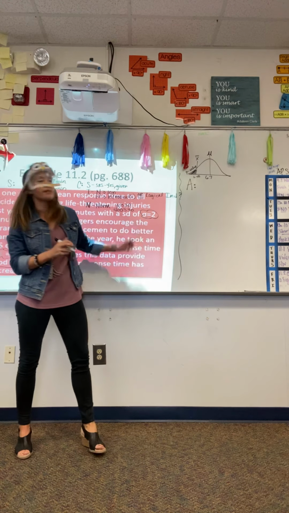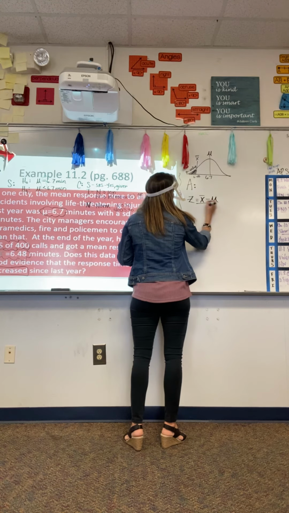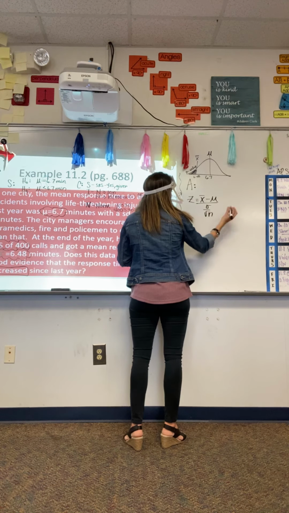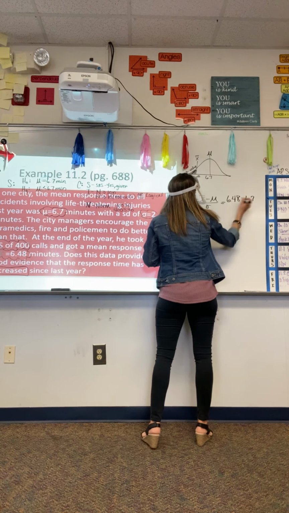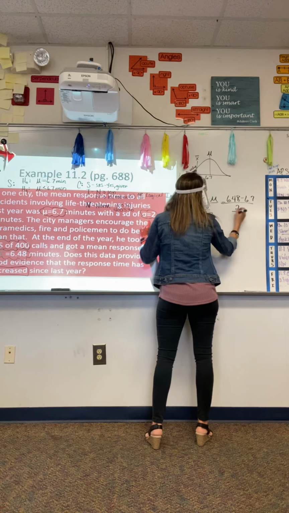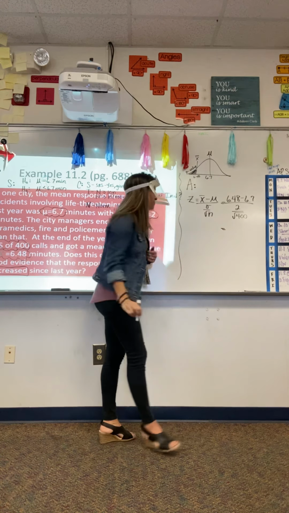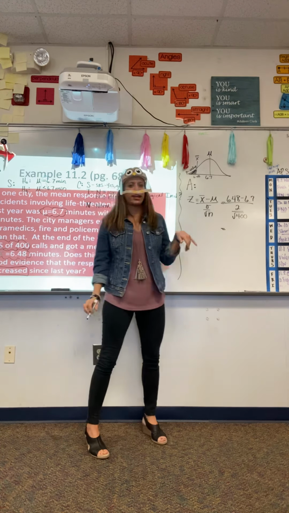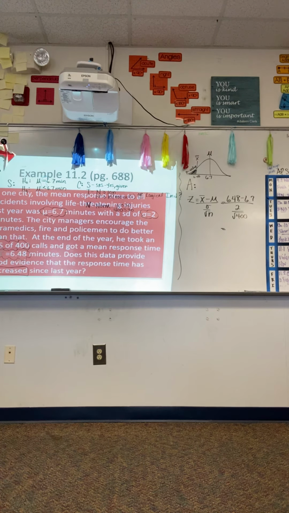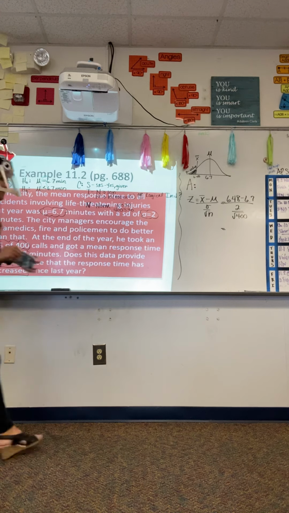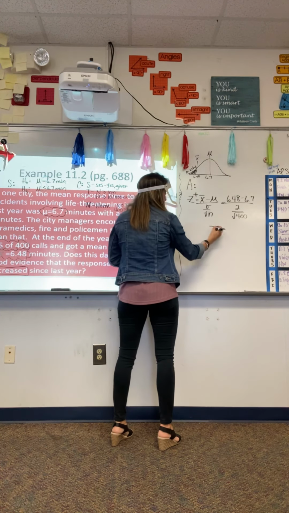I'm using a z, right? z is x bar minus mu all over sigma over the square root of n. So we have 6.48 minus 6.7 all over the square root of 400. Should I get a negative or a positive z-score? It's really still called a z-star here. It's a critical value, so it really is a z-star, same thing we used in confidence intervals.